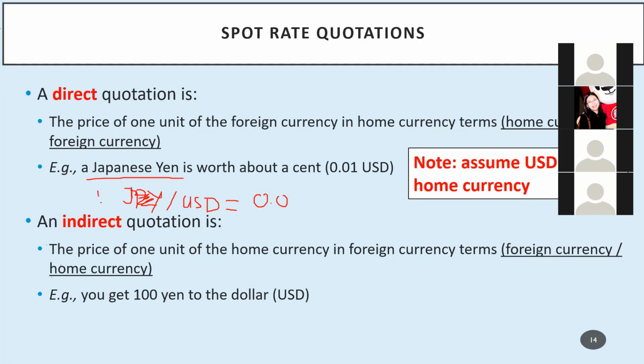So it should be USD per yen. Sorry, I'm a bit messy here. I don't have a normal projector like before, so I'm going to just write on the PowerPoint slide. So with the indirect quotation, we are writing this, yeah?